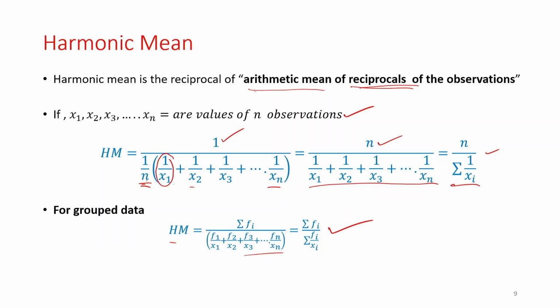You see in the same equation what is coming is fi. So f1, f2, f3, these are the individual frequencies of x1, x2, x3. So we take this average, f1 by x1, f2 by x2, f3 by x3, fn by xn.